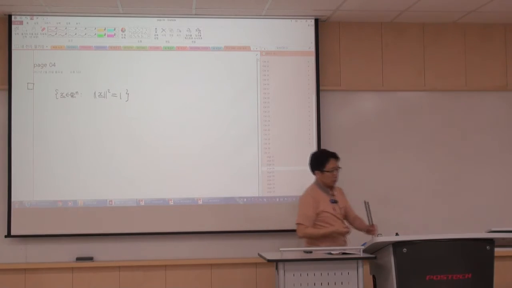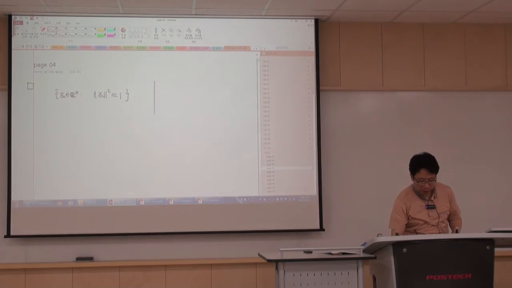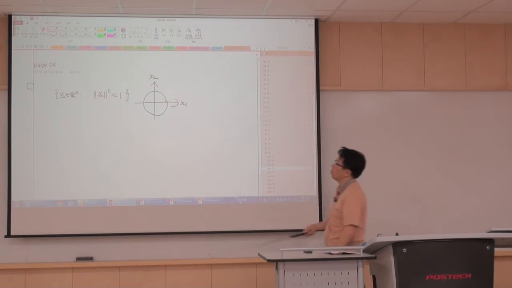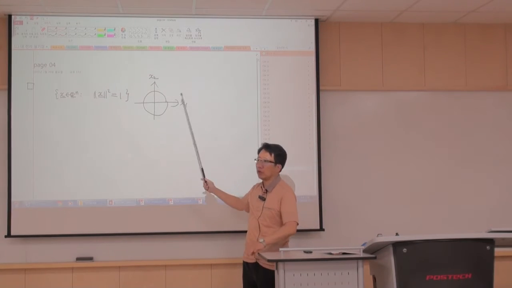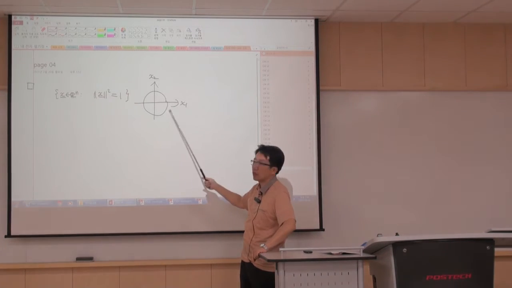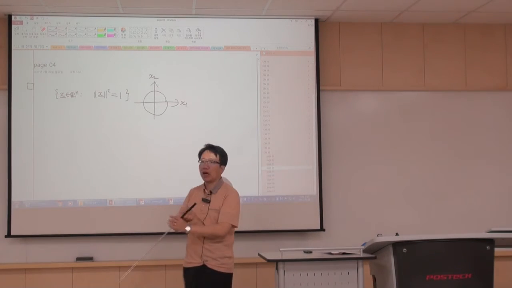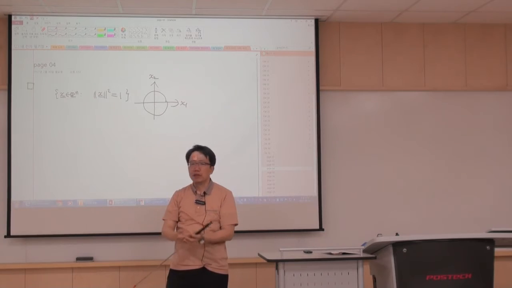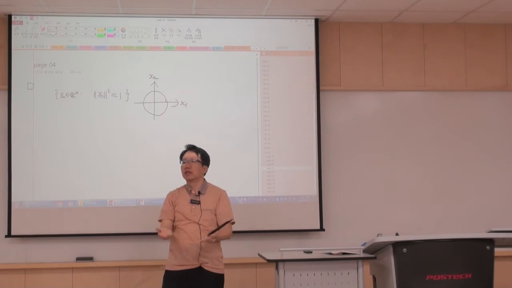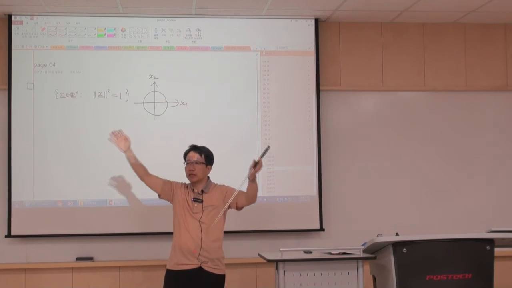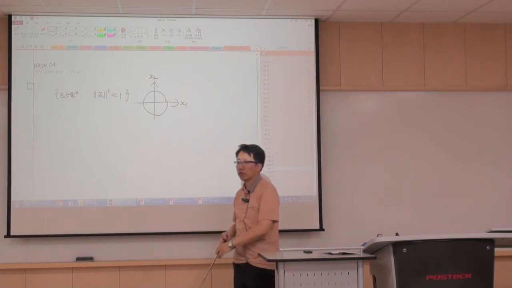So in the two-dimensional case, it's a circle, am I right? Without containing the inside and outside. Only the points on the circle. Am I right? And if you generalize, this becomes what? A hypersphere. It becomes a sphere in the three-dimensional case, and it is called a hypersphere in general n-dimensional Euclidean space.